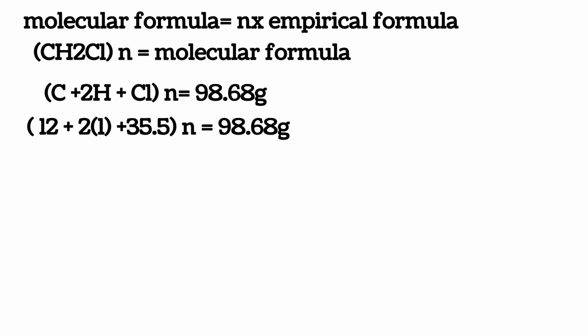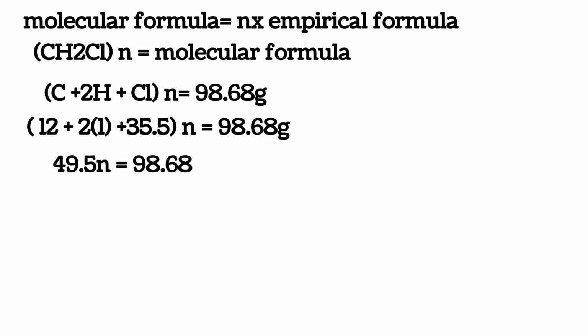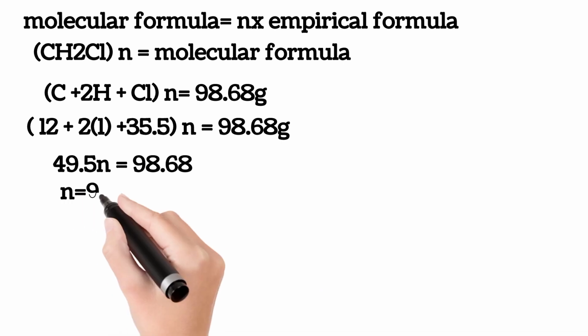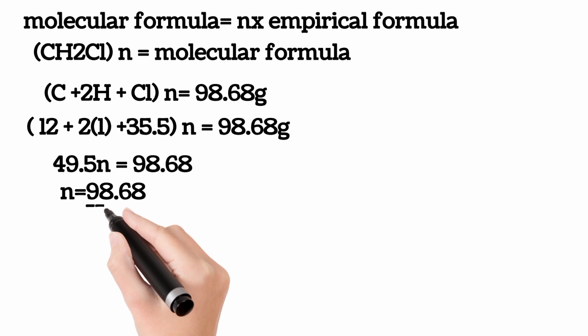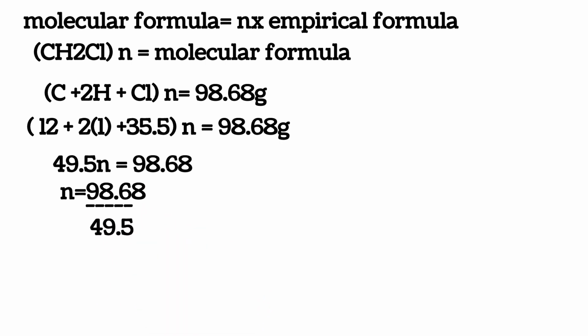Now, it implies that (12 + 2 × 1 + 35.5) times n is equal to 98.96 grams. So if you open your bracket, you get 49.5n equals 98.96. Divide through by 49.5, so you have 98.96 divided by 49.5, and n will be equal to 2.